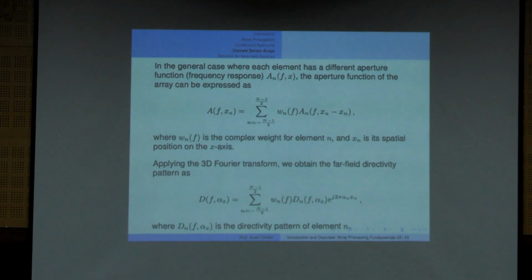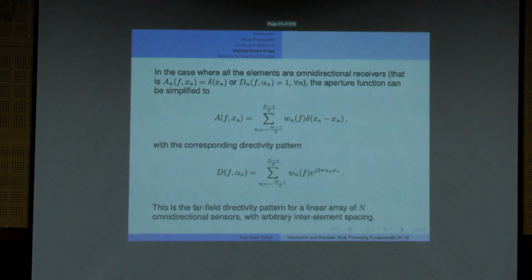So let's see what the response of something like that is. Suppose, just for simplicity, that we use sensors whose aperture functions are delta functions. What is the aperture function of a sensor? It means the response of the sensor to a propagating wave that hits that sensor.